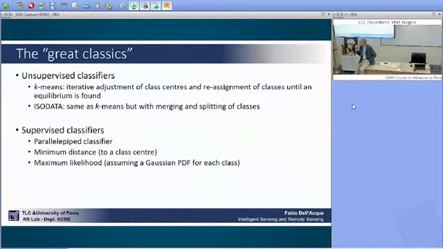It's never rigorously true, but it's frequently approximately true that the distribution is Gaussian. So this type of classifier is a good choice.